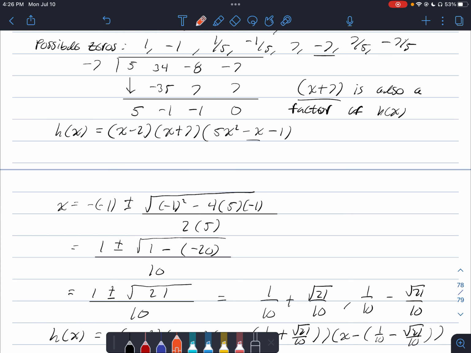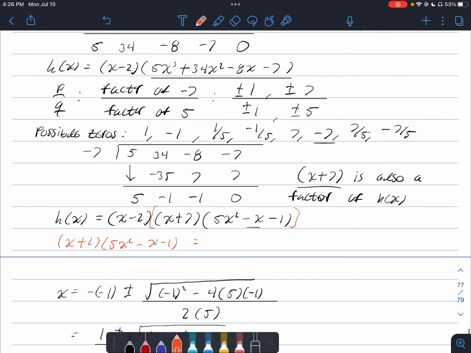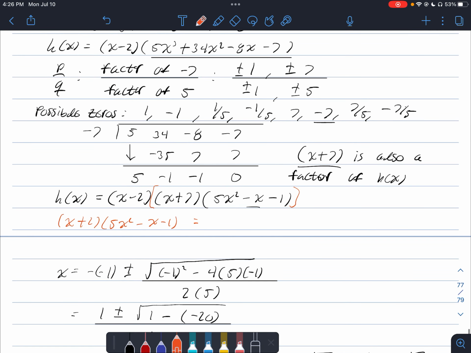x minus 1. And again, if you're still having trouble seeing what's going on here, what you can do is you can kind of think of x plus 7 times 5x squared minus x minus 1. You can think of that as x plus 2 times 5x squared minus x minus 1. This is actually just equal to this polynomial up here.